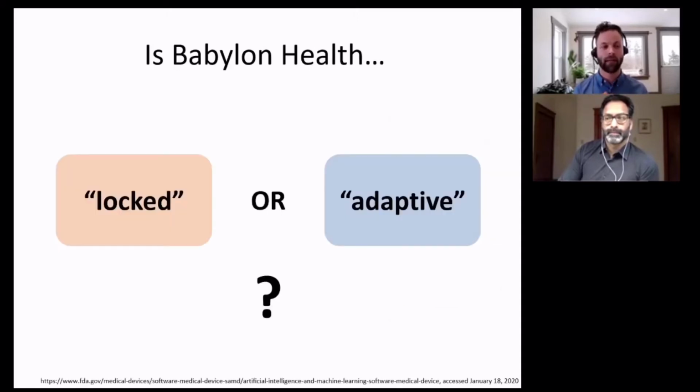So the big question in this setup is, is the algorithm locked or adaptive? A locked machine learning model is not learning anymore. It's been developed by the developers on lots of data, hopefully validated and with good accuracy, but it won't learn anymore.